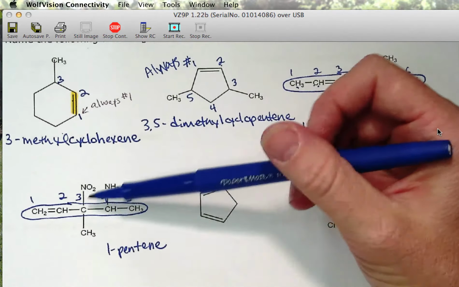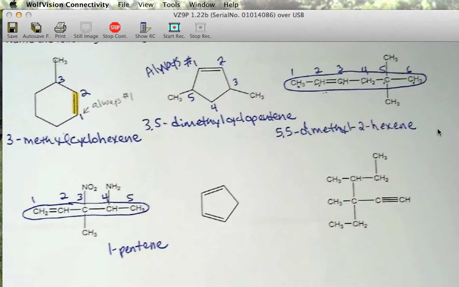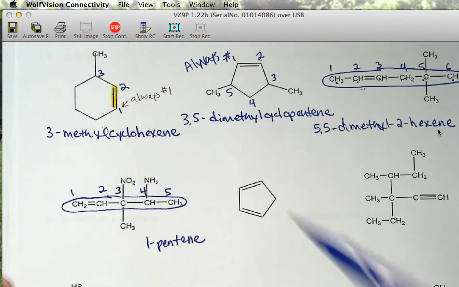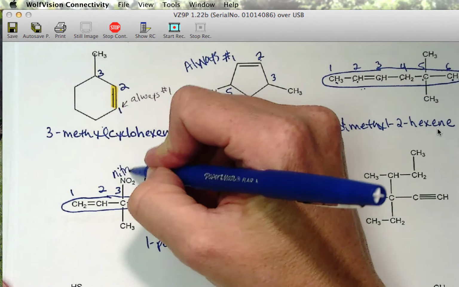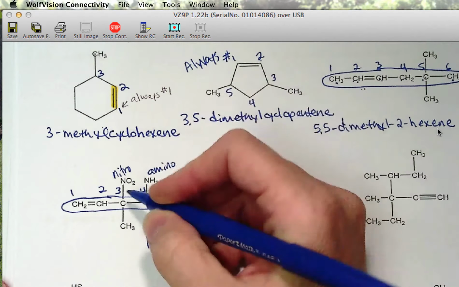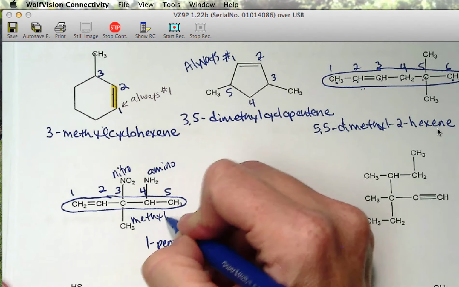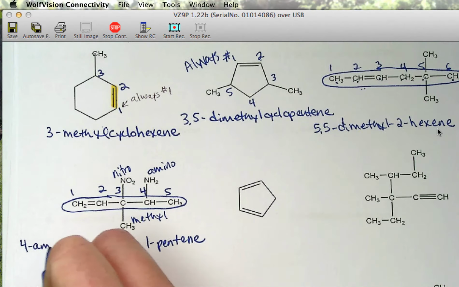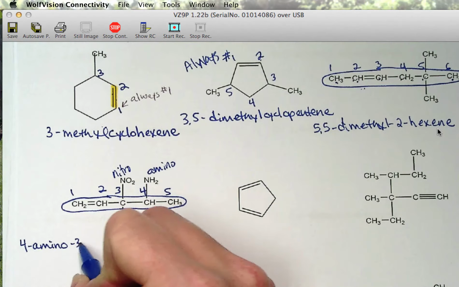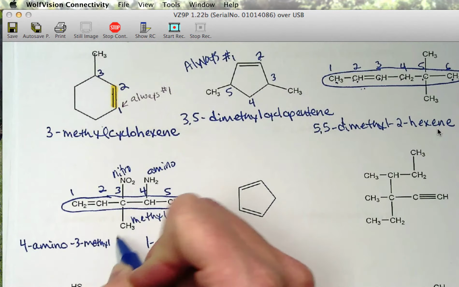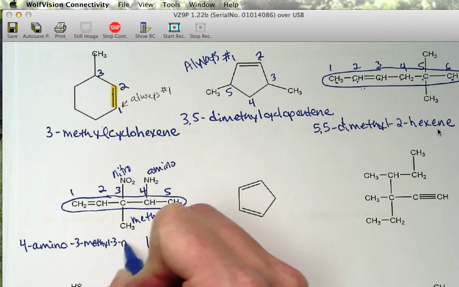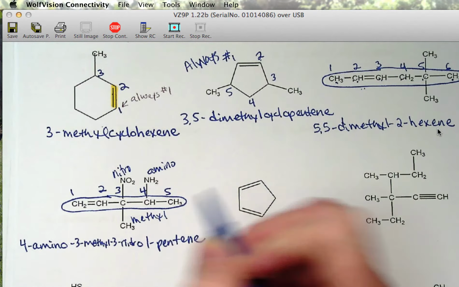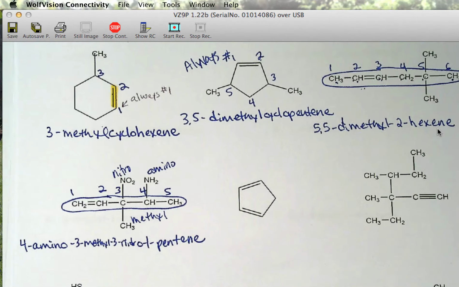And then what groups do I have coming off this 1-pentene? Nitro, amino, and a methyl. Which gets listed first? Good. So 4-amino-3-methyl-3-nitro-1-pentene.